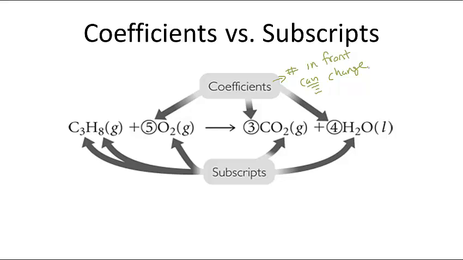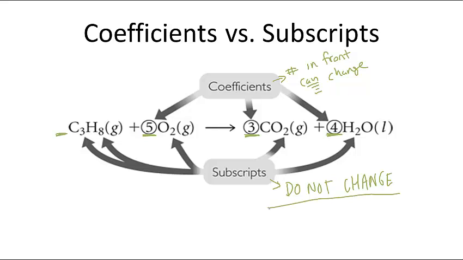You have it all written down? Okay. So this is the combustion of propane, this is stuff like in your grill. The coefficients that you can change are these numbers in front. The subscripts, you do not change these. Do not change them when you're balancing a chemical equation.